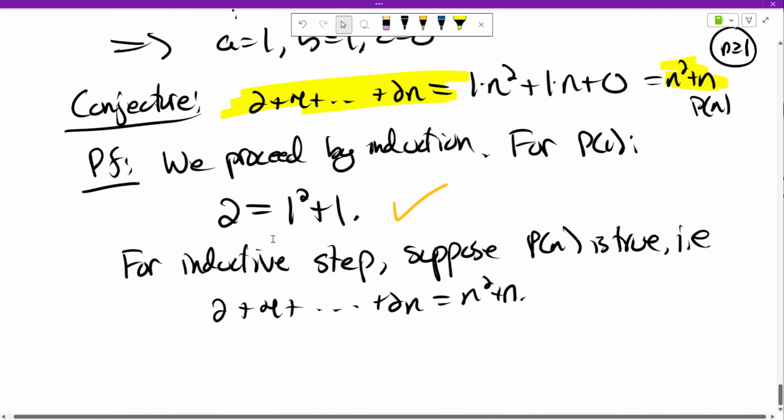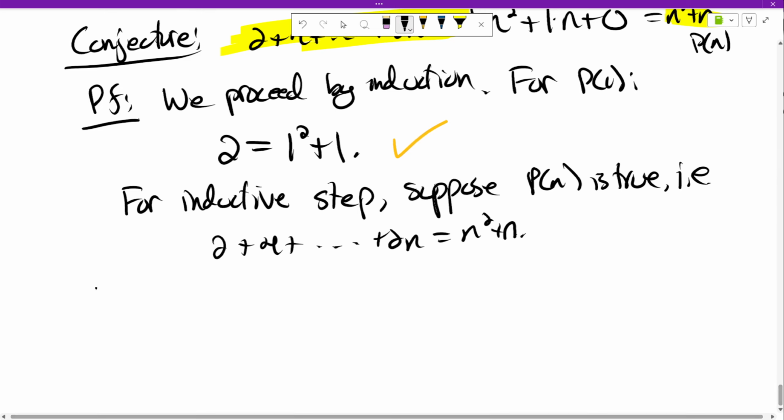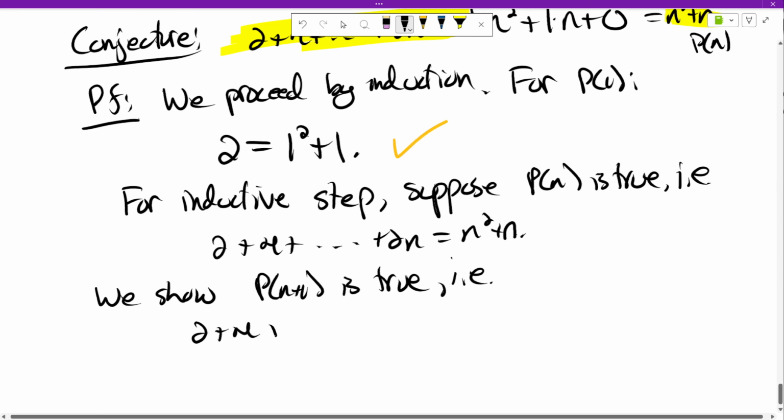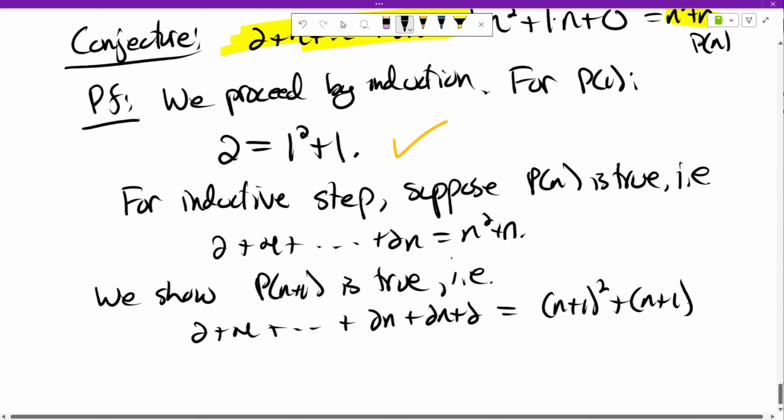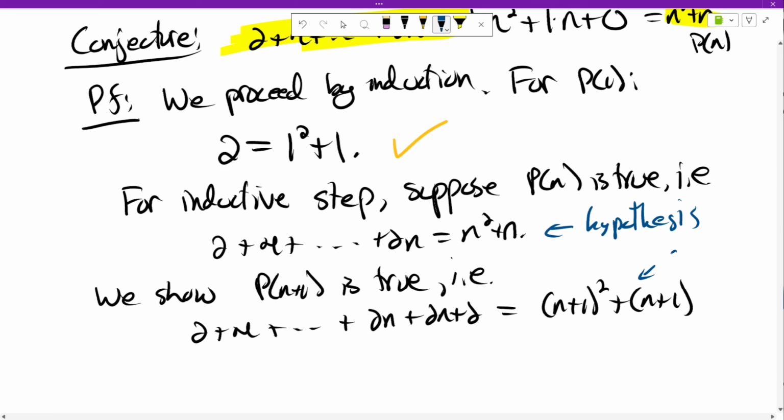And we show that P of n plus 1 is true, which means we go up past 2n to 2n plus 2, the next even number after 2n, and that should be n plus 1 squared plus n plus 1. And since this is our desired outcome, here is our hypothesis, and that's what we're supposing is true. Here's our conclusion.